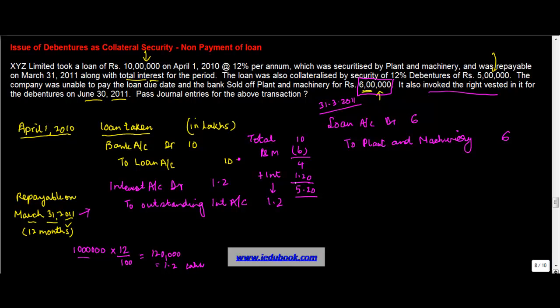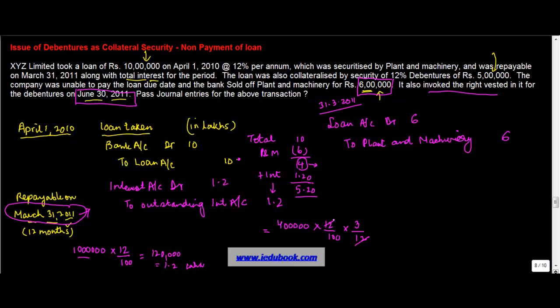However, there is one more important thing to bear in mind, which is that on this 4 lakh, which was not paid, the bank is also going to charge interest from March 31, 2011, the date on which this amount was due, until June 30, 2011, the date when it invoked the debentures. So for 3 months, the bank is also going to charge interest on this 4 lakh at the rate of 12%. The interest will be principal, which is 4 lakh, into rate of interest, 12 upon 100, into period, which is 3 upon 12.